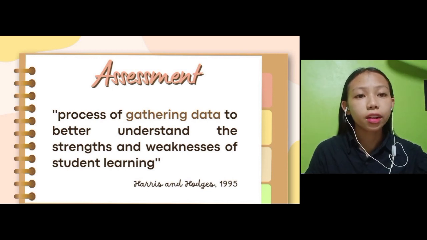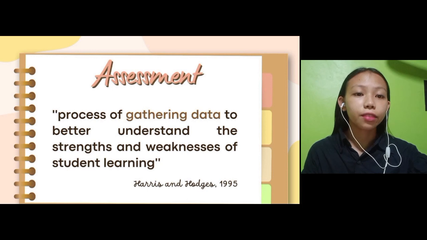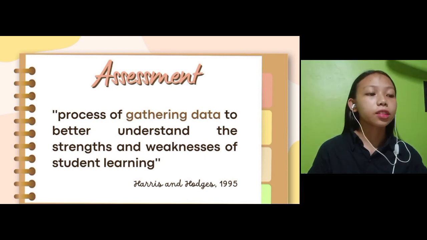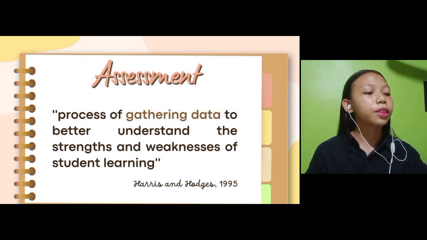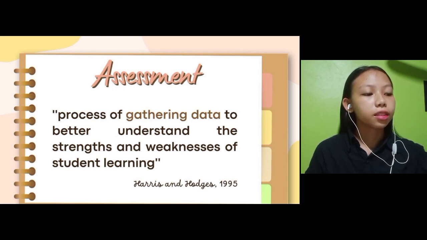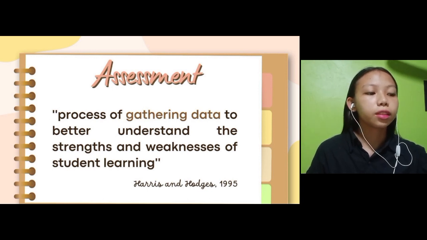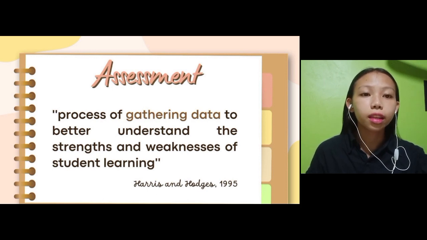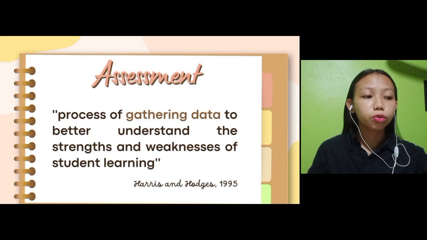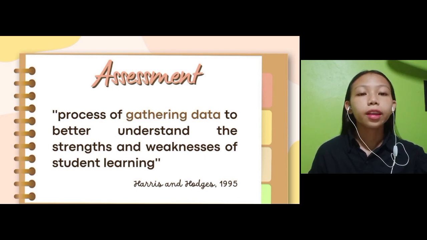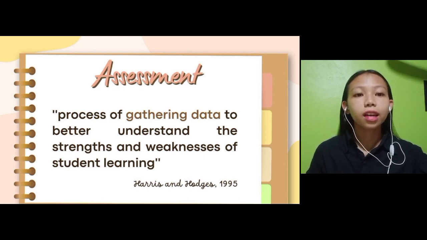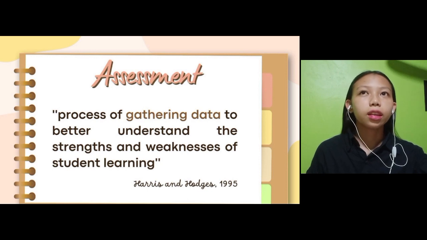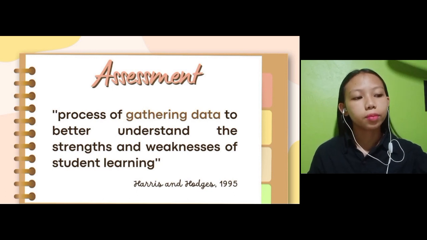So according to Harris and Hodges, 1995, it is the process of gathering data to better understand the strengths and weaknesses of student learning. So assessment is a way or a tool that the teacher uses to determine how well the students understand the lesson and also to know if the students are struggling in a certain part of the subject.